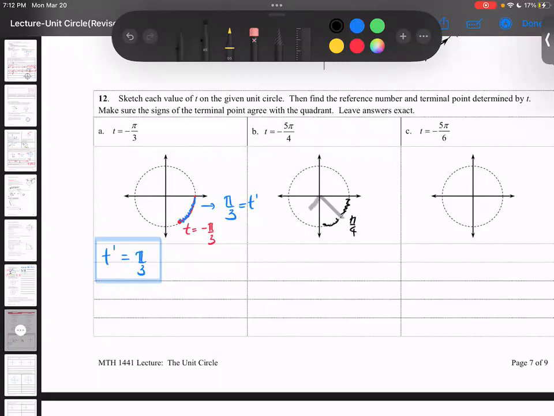Keep doing that. Another pi over 4, another pi over 4. So how many pi over 4 did we do? 4, right? 1, 2, 3, 4. And then another pi over 4. So that's 5 pi over 4 right here. That's t equal negative 5 pi over 4 because we go clockwise.